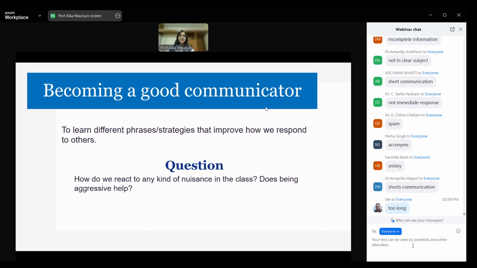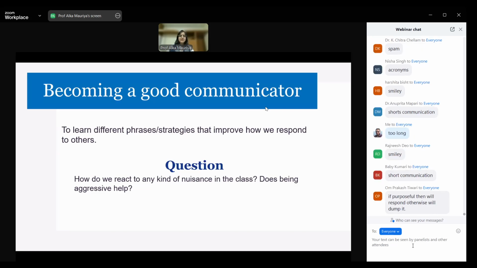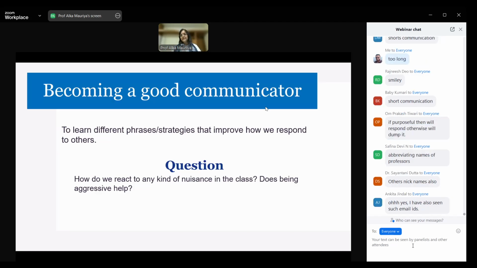But at times, there are email communications where the IDs are like coolguy.com, smartgirl2004, and so on. So these are a few things that irritate me. And apart from that, definitely smileys, short communication, context not being there.